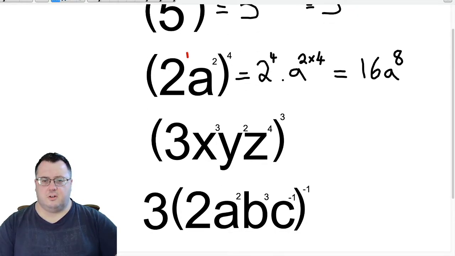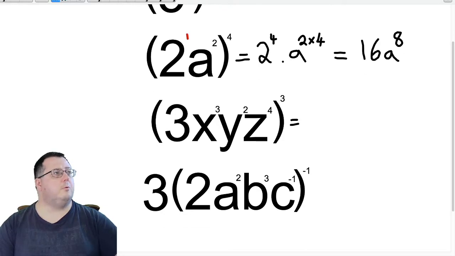Next, we're going to look at this: 3x cubed y squared z to the 4 to the power 3. Coefficients first, this is 3 to the 1.